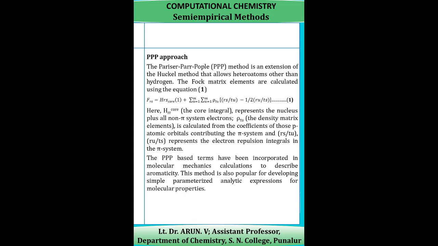Here, in the PPP approach, the core integral H_RR represents the nucleus plus all non-pi system electrons, and the density matrix element rho_TU is calculated from the coefficients of those p atomic orbitals contributing to the pi system, and the (RS|TU) represents the electron repulsion integrals in the pi system.